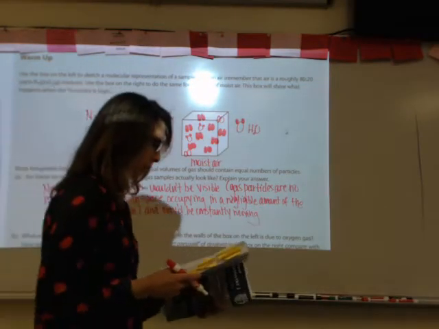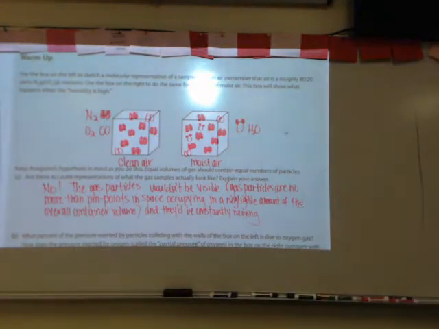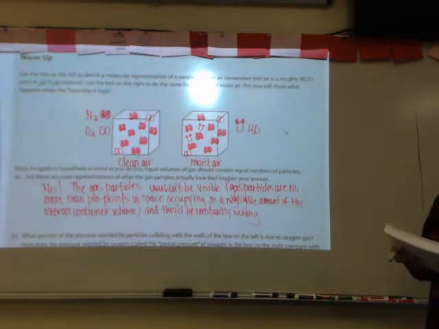B, what percent of the pressure exerted by particles colliding with the walls of the box on the left is due to oxygen gas? How does the pressure exerted by oxygen, called the partial pressure of oxygen in the box on the right, compare with that in the box on the left? Explain.